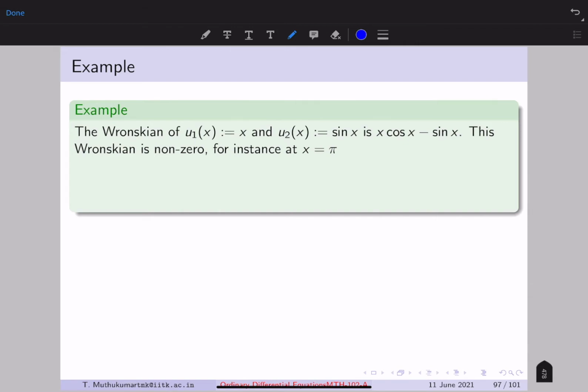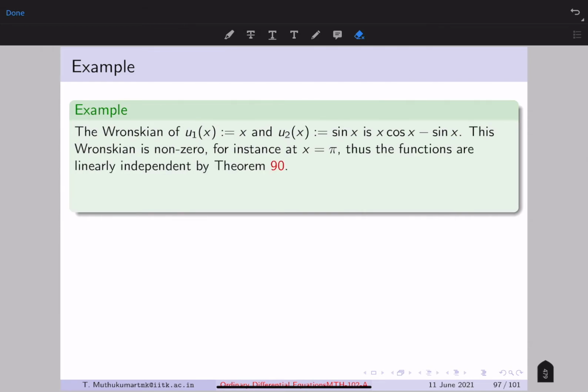Now this Wronskian is non-zero at, say, x equal to pi, right? Because at x equal to pi, sine pi is 0 and cos pi is minus 1, so you get minus pi. So it's non-zero at x equal to pi. Since the Wronskian is non-zero at some point, the functions are linearly independent.